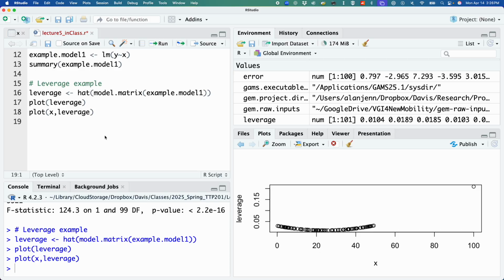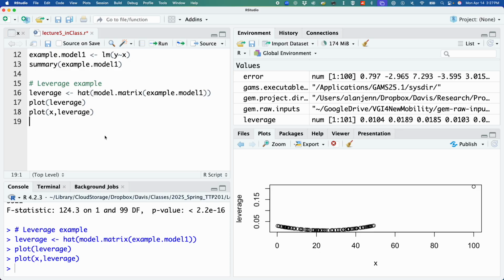So on the ends of your x range, on average, you would tend to expect the leverage values to be a little bit higher. So that is one thing to keep in mind: if you have a whole set of points that have higher leverage, part of that may be because of their position along the spectrum of values, as opposed to them actually being outliers. Okay?